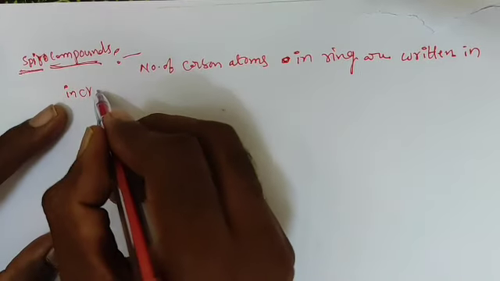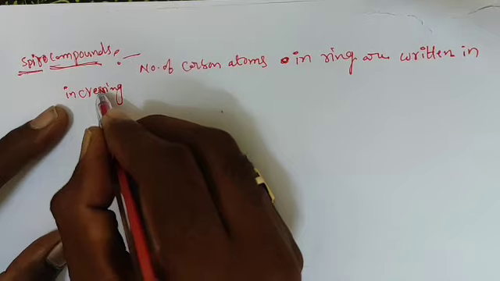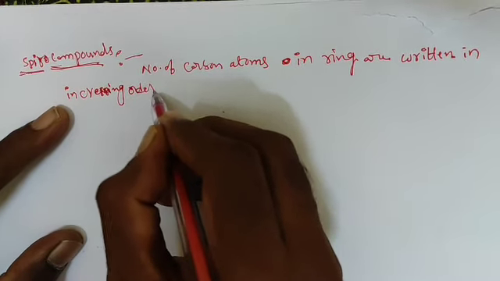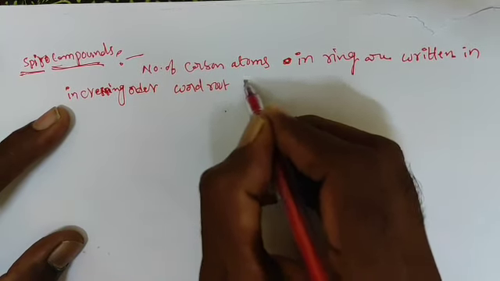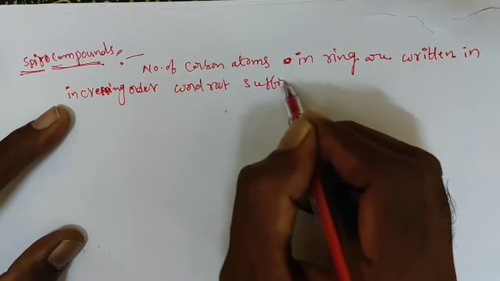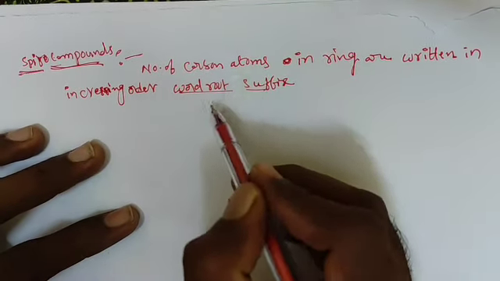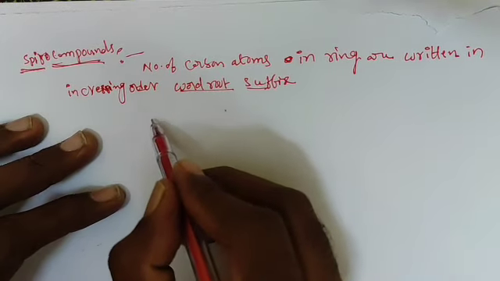There they are decreasing, here increasing order. Word root and suffix. Prefix what? Spiro. Okay, now one example.